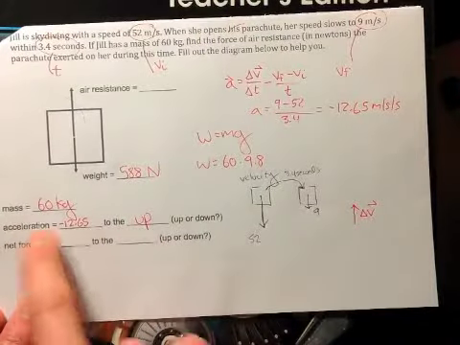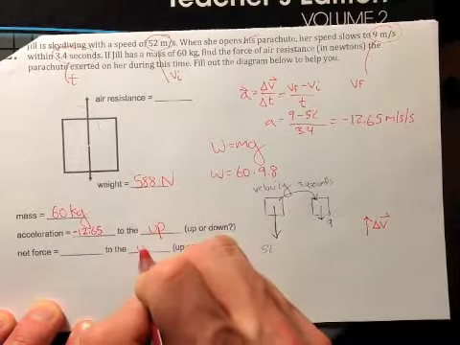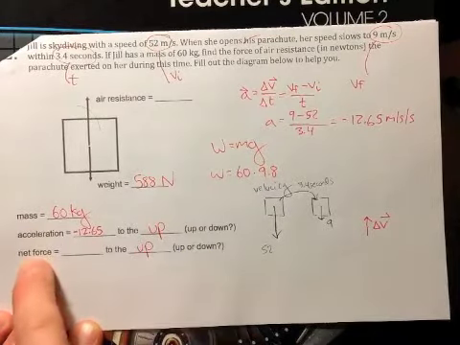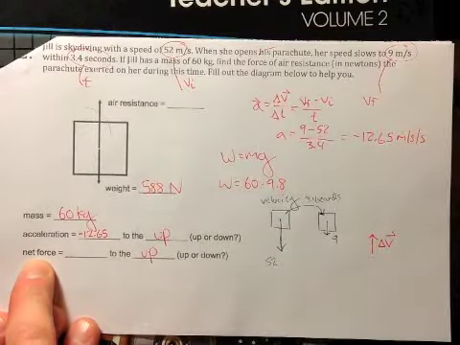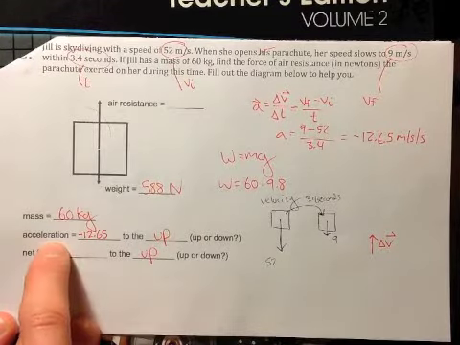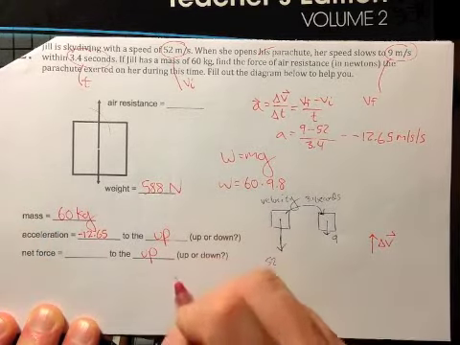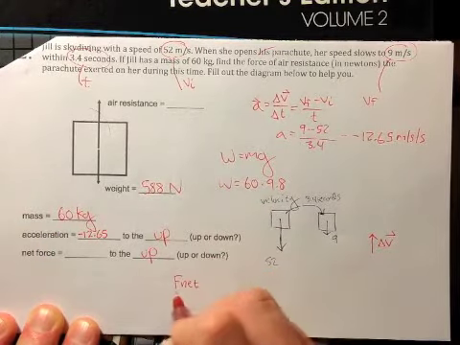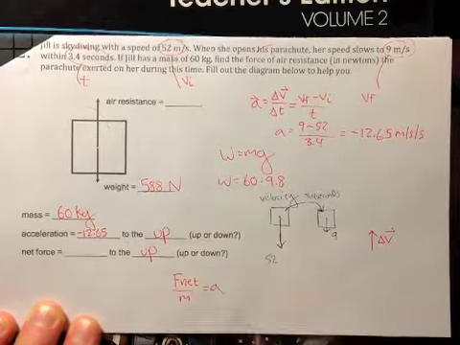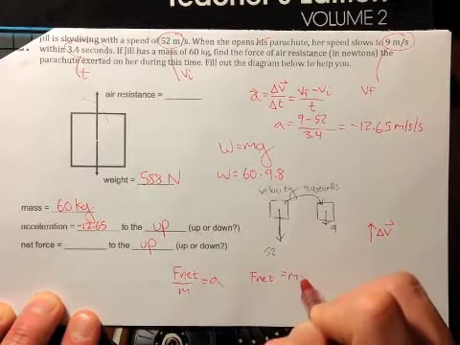Now, because the acceleration points up, I know immediately that the net force also points up, because acceleration and net force always point in the same direction. Now, I know her acceleration and I know her mass, so I can find the net force using Newton's second law. F net over m equals the acceleration, so the net force equals mass times acceleration.